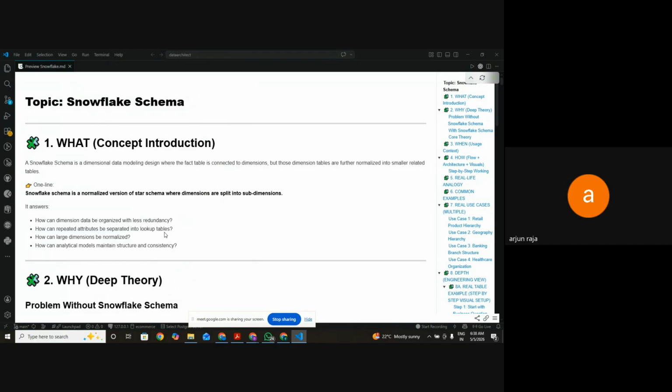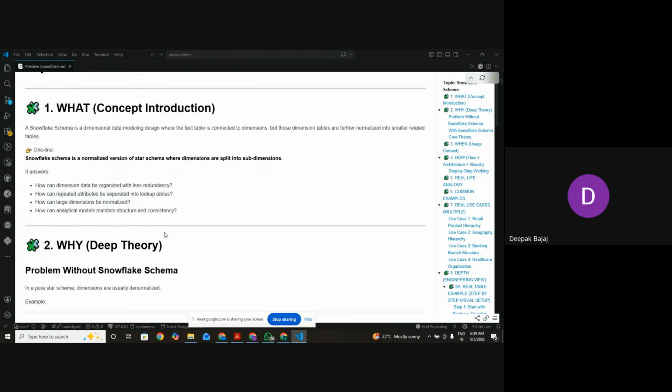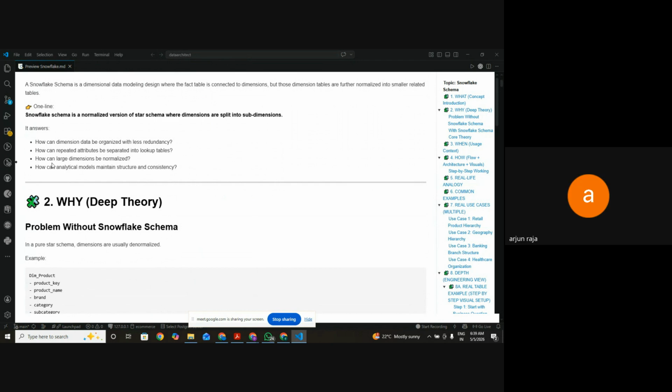With the help of these schemas, we can have better control, better use, remove duplicacy and redundancy, and make the structure clean. So that's the benefit of these schemas. You can check this.